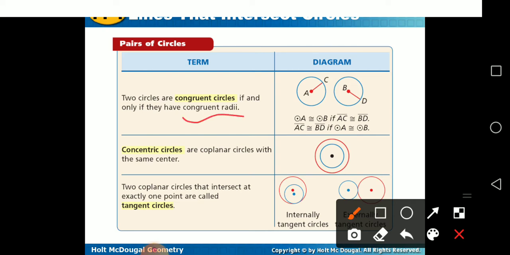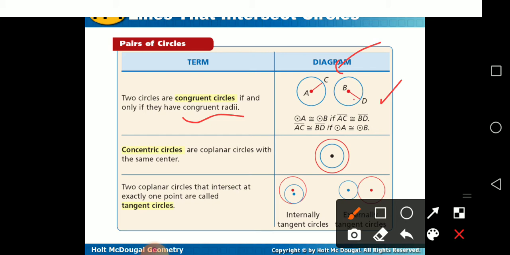Circle A is congruent to circle B if radius AC is congruent to radius BD, and vice versa.